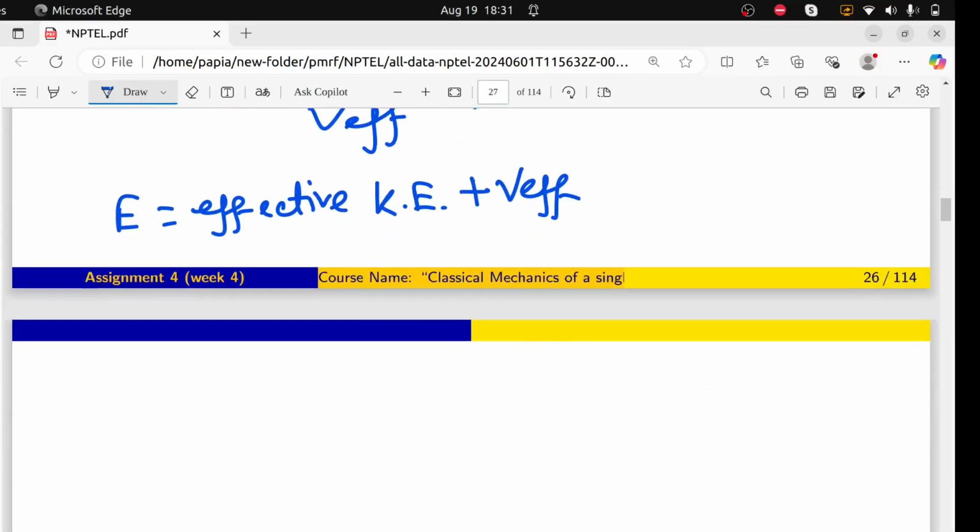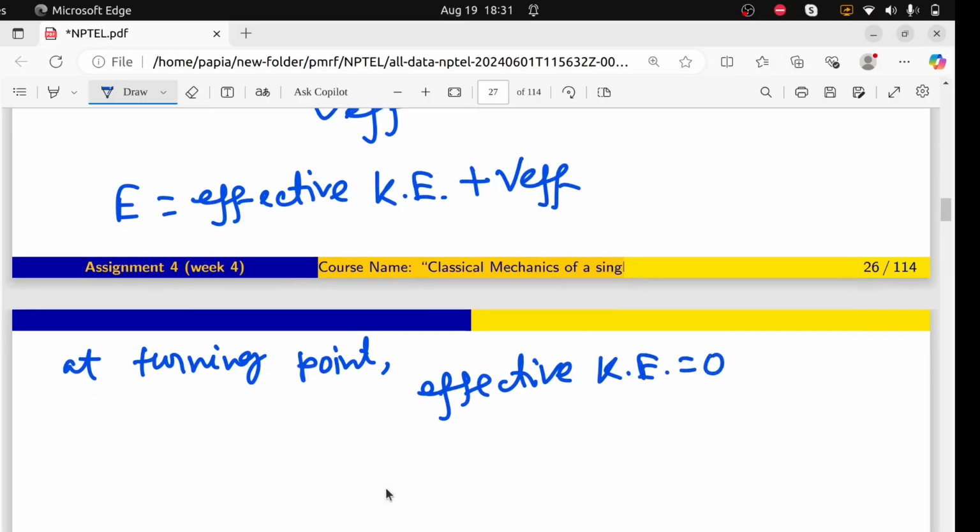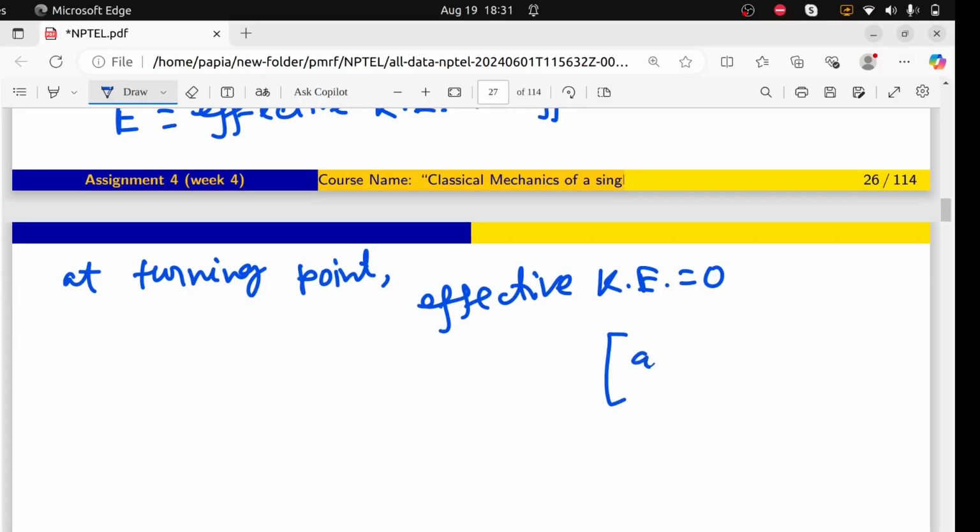So at turning point effective kinetic energy is 0. Why? As energy is equal to V effective. Okay. And what is effective kinetic energy?